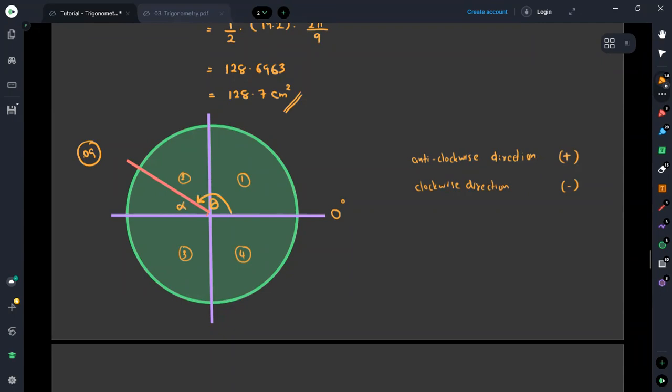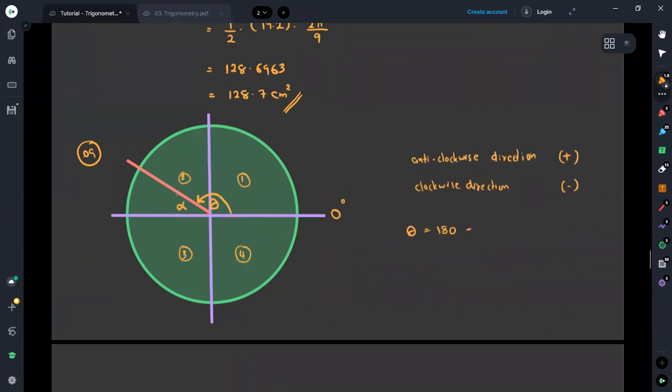Instead of angle theta, we can write theta as 180 degrees minus alpha, where alpha is the associate acute angle if it is in the second quadrant.